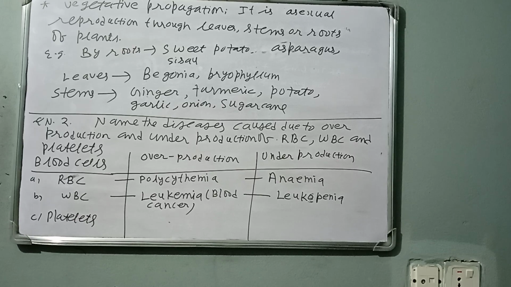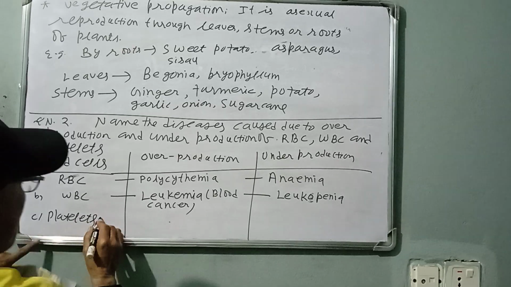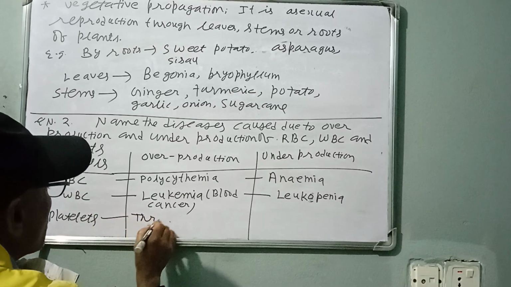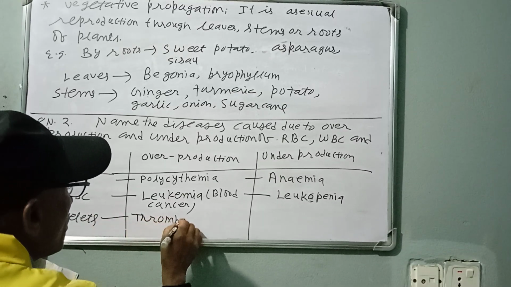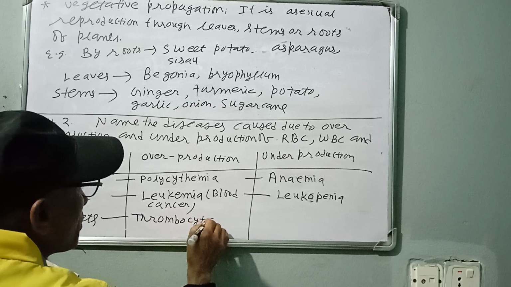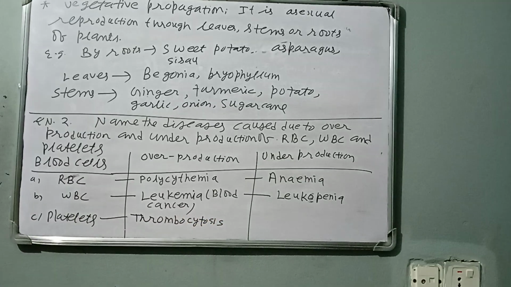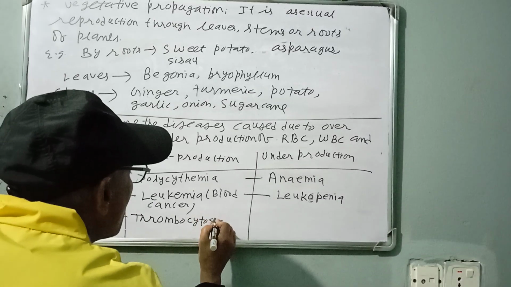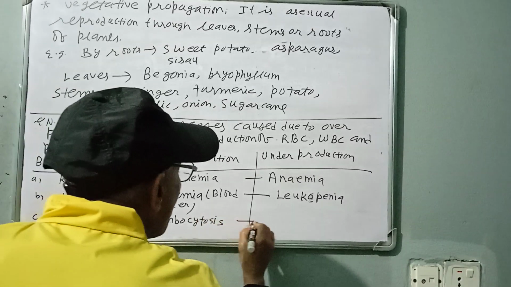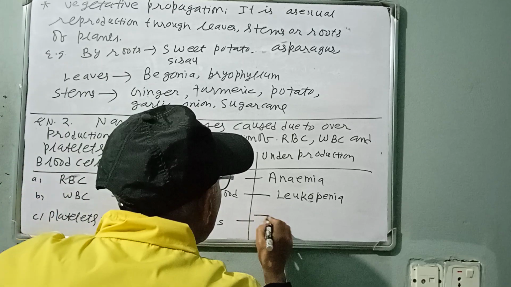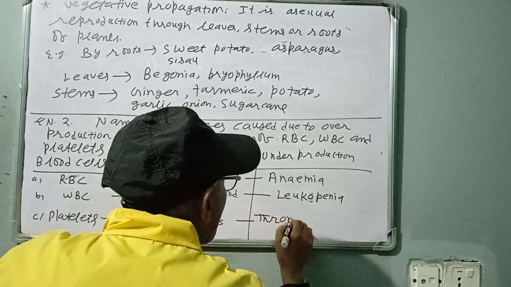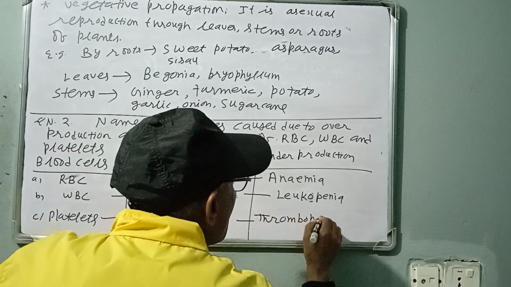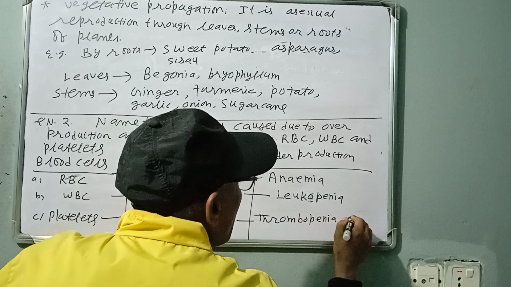Thrombocytosis, and thrombopenia. Thrombocytosis, platelets more. To avoid confusion, remember thrombocytosis means more. Here, penia, thrombopenia.